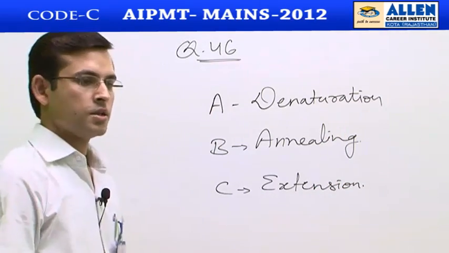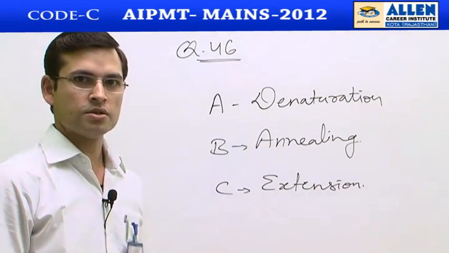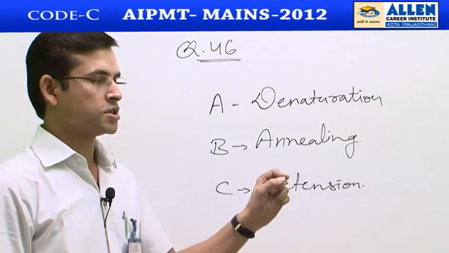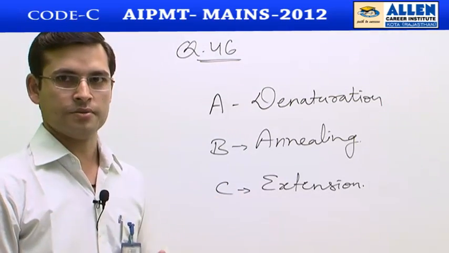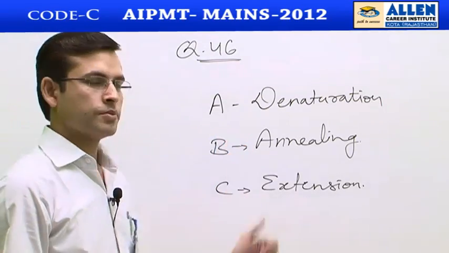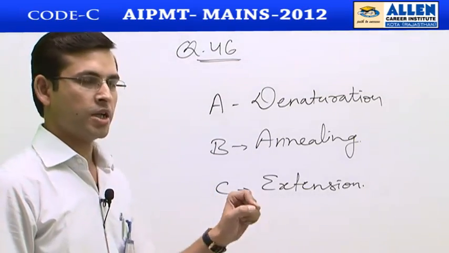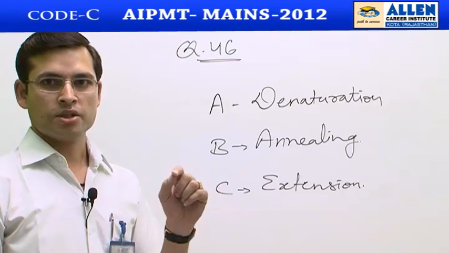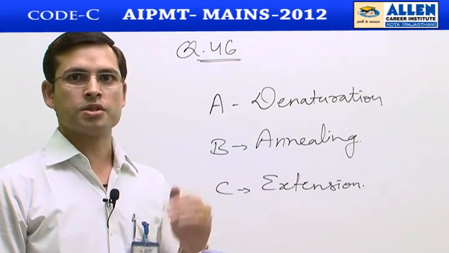So PCR is a 3-step thermal cycle in which the first step is denaturation. In this, it is heated up to around 98 degrees where both of the strands get separated. Then in the second step we have annealing where the primers are attached, and in the third step, extension, where Taq polymerase, the heat-resistant enzyme, proceeds the synthesis.